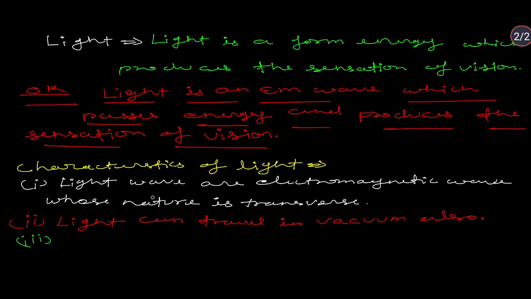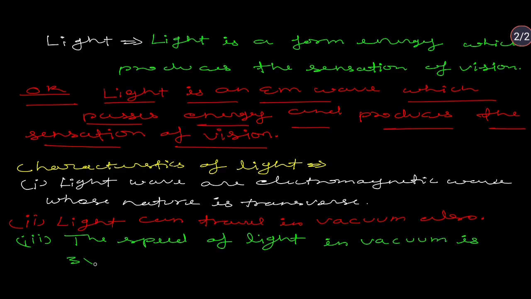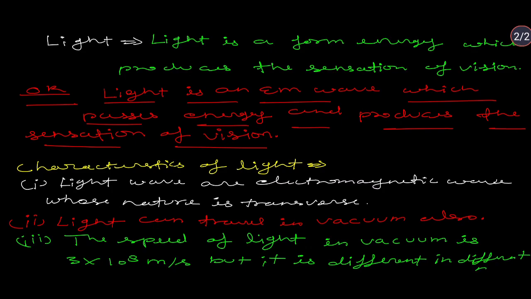The next point is that the speed of light in vacuum, as you already know, is 3 into 10 to the power 8 meters per second, but it is different in different media.